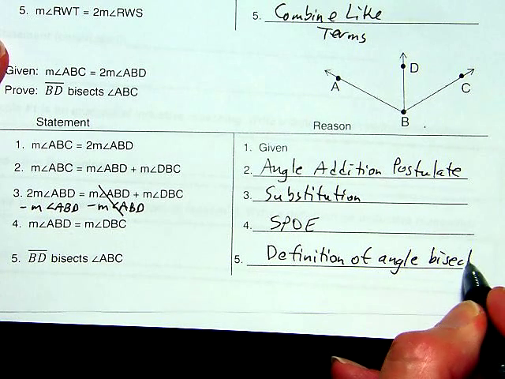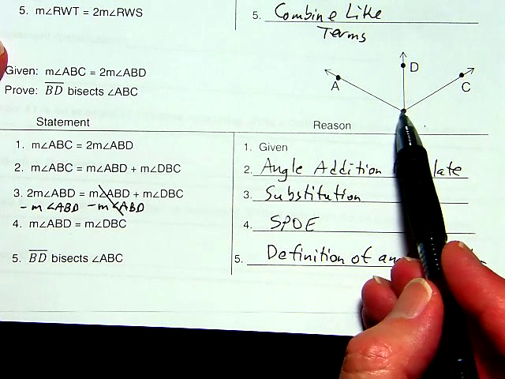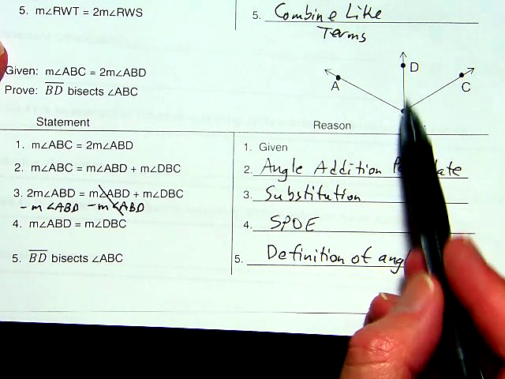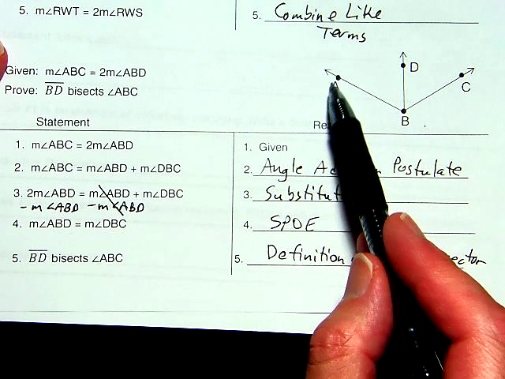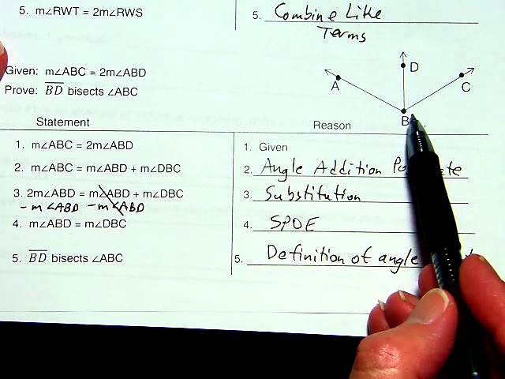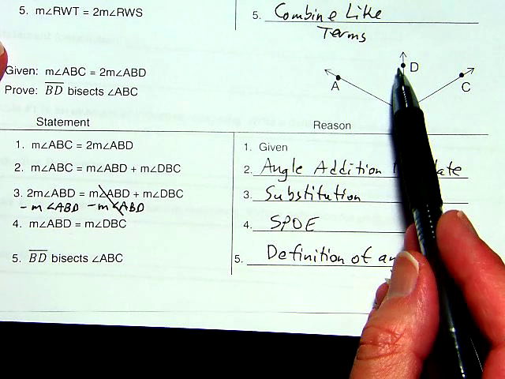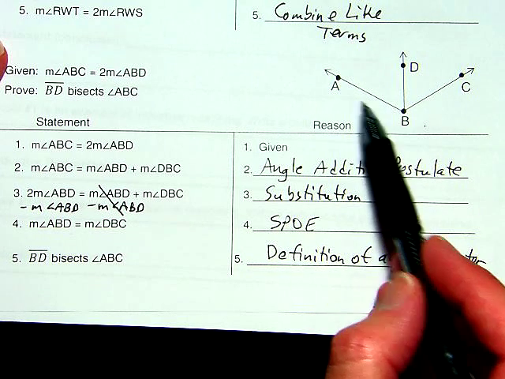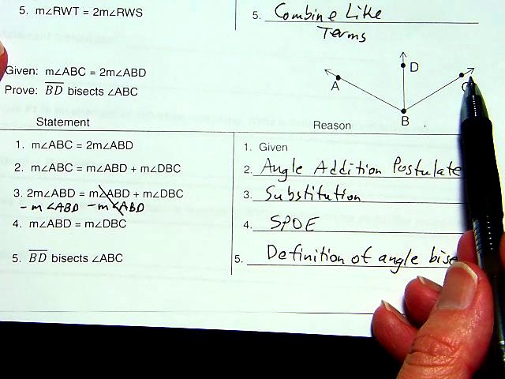Remember that all definitions are biconditional statements. They go either way. So we can say that BD is an angle bisector of angle ABC if and only if angle ABD equals angle DBC. That means that we could say if BD is an angle bisector, then ABD equals DBC, or we could say it the other way around.